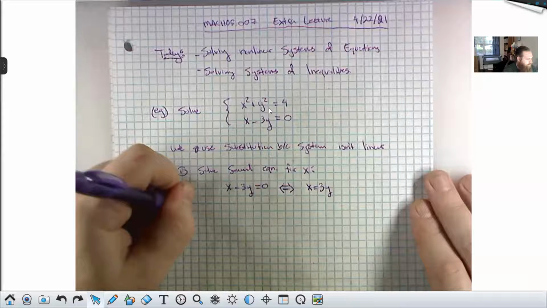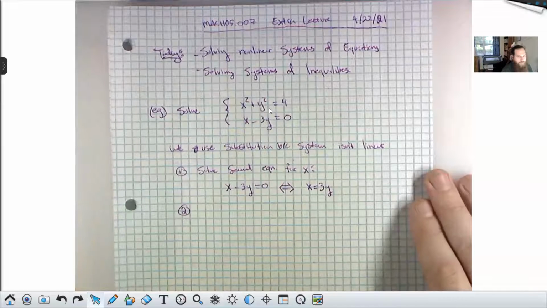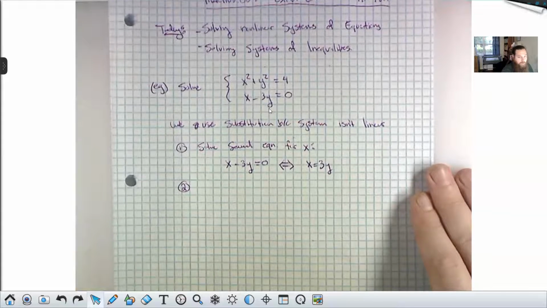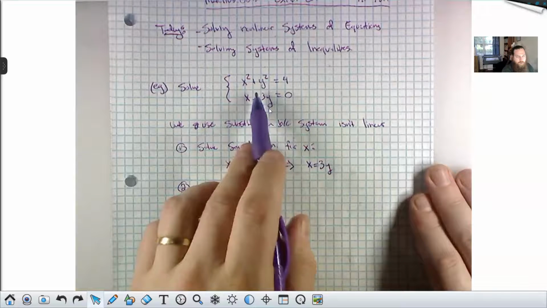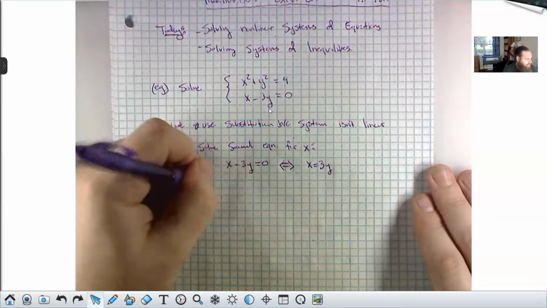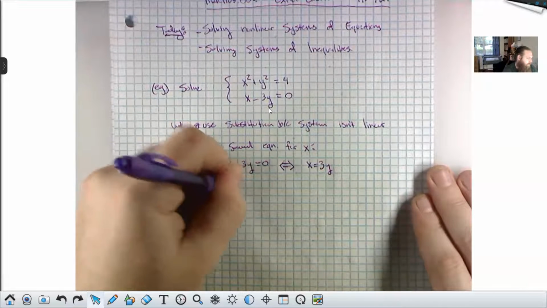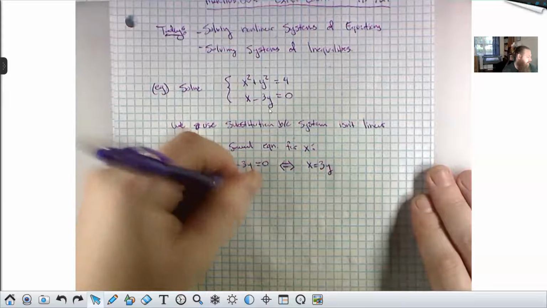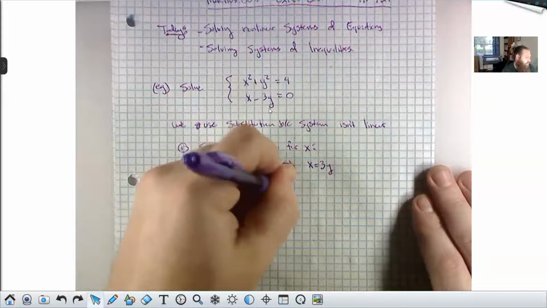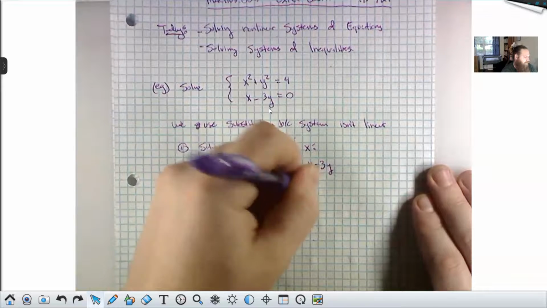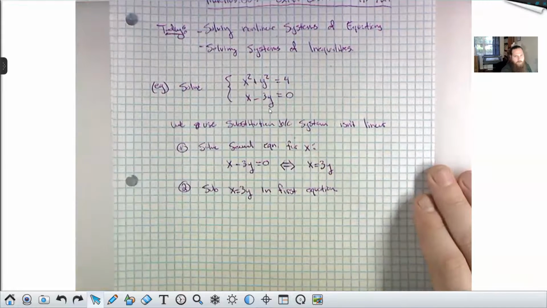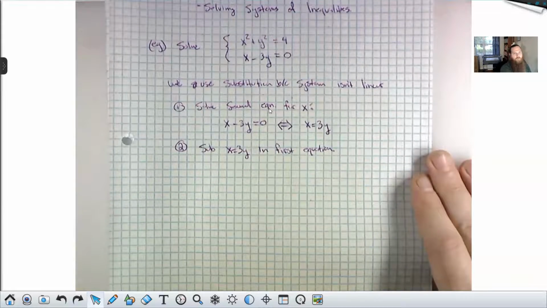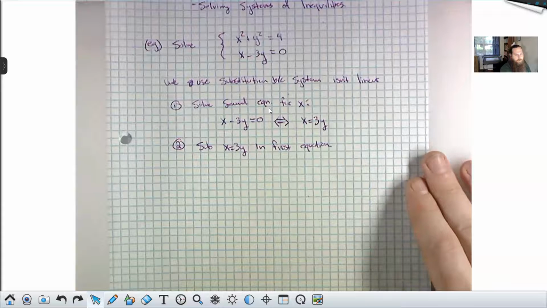And then, just like the substitution example we did in class earlier, you substitute this in everywhere you have an x. So now we sub x equals 3y in the first equation. It really is the same thing that we used to solve a linear system by substitution.